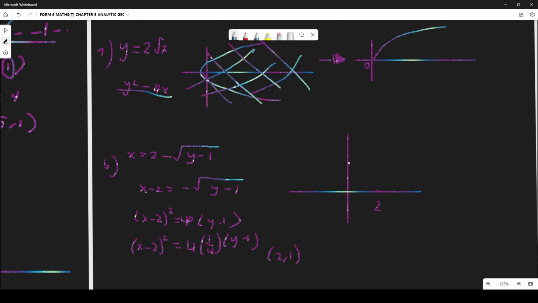So 2, 1. It'll go like this. But since it's only taking the negative side, so only here, you don't need the positive side.